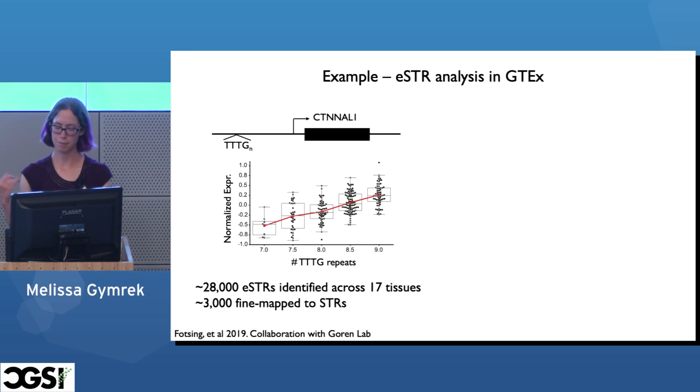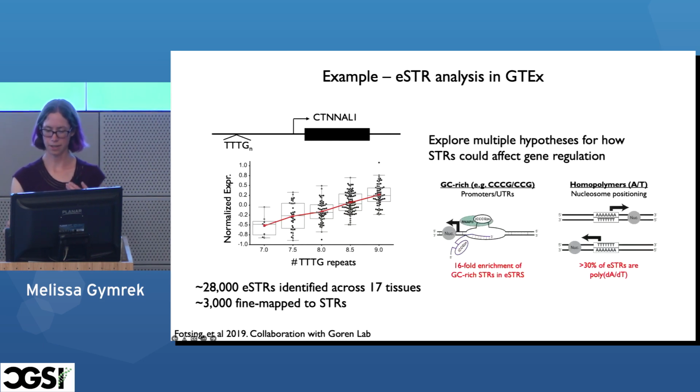I haven't talked about fine mapping, but it's a really important part of a lot of our workflows to try and figure out which of these STRs we think might be causally driving any of these associations. And we find about 3,000 cases where we're reasonably convinced that the STR could be the causal driver of the association.